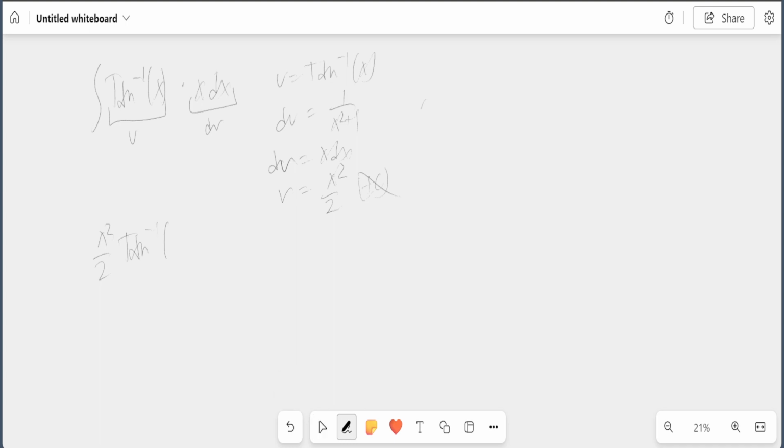There it is. And then, oops, sorry, I'm blanking right now. Minus v du, x squared over 2 times x squared plus 1. That's right. I'll put the 1/2 out here just for simplicity's sake.